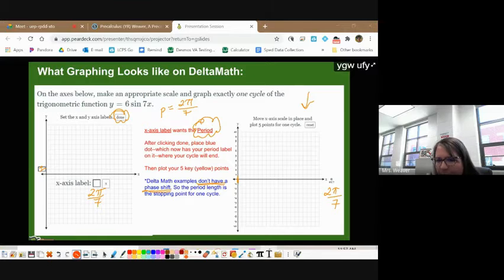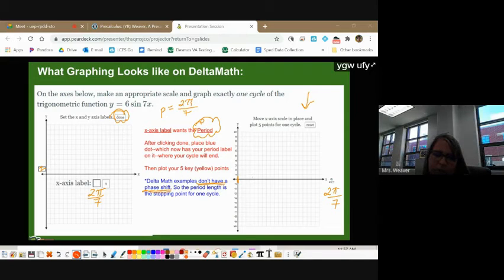The first time I graphed this, I made 3 grid lines represent 1 key point, the interval I was counting by. But when I was plotting the little yellow dots for the 5 key points, it was harder to count. Was I on the next 3 grid lines later? So I recommend that you just use 1 grid line. It's going to make your graph kind of squish closer, but it's easier.